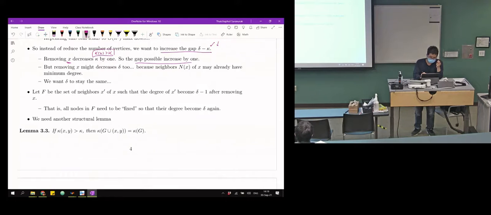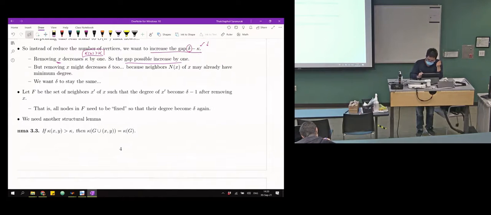But the gap might not really increase, because delta might decrease as well at the same time. Say this is x, and this is its neighbor, and there are a bunch of neighbors of x.